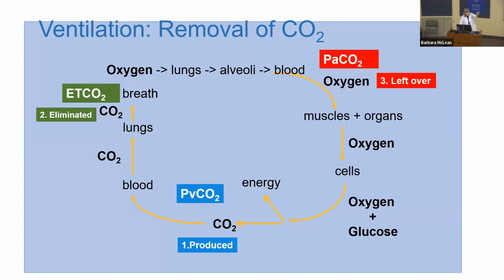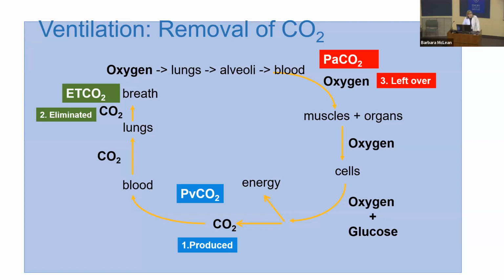So when you're hyperventilating, you're clearing overall more CO2, but you're taking less time to get rid of it. So when I'm hyperventilating, my PaCO2 is 30, my end-tidal CO2 is probably going to be 28 or 25, because arterial and end-tidal should always go in the same direction.